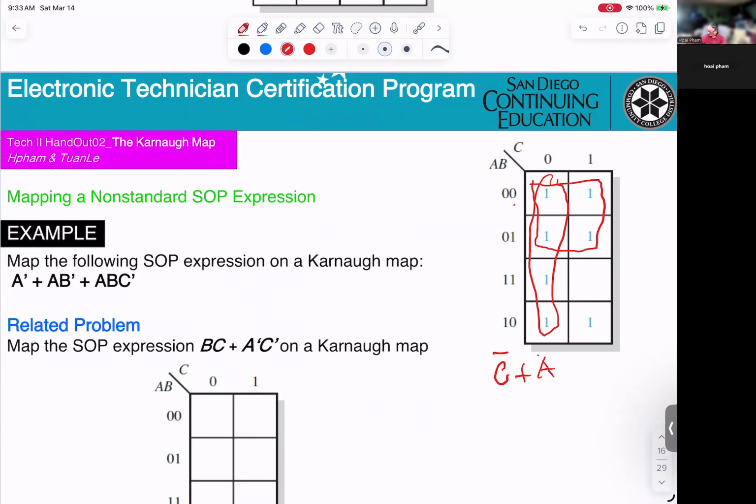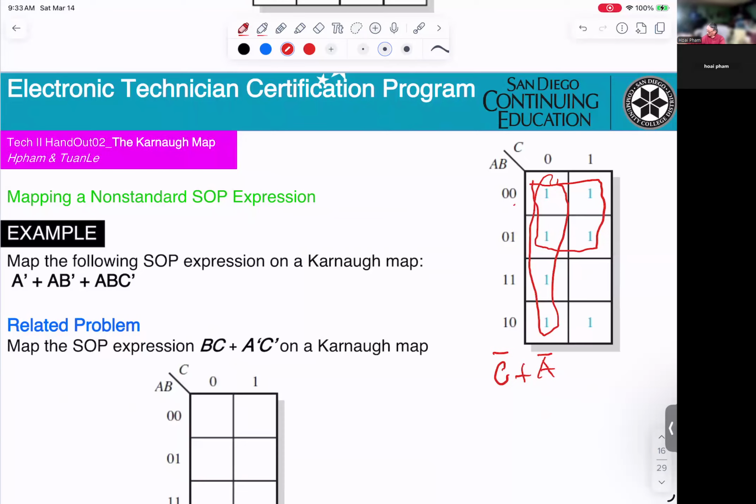A not. Okay. However, see inside the loop, both 0 and 1, you don't care.